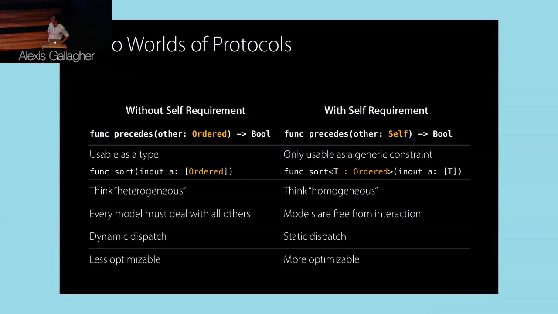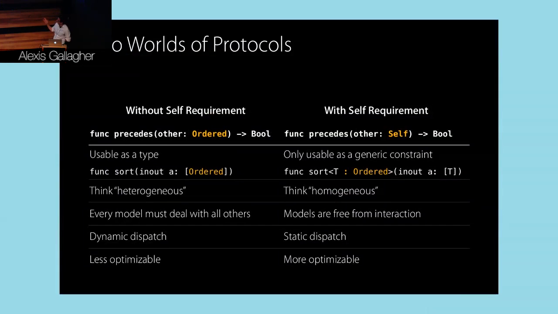So this is, I think, the key slide from Dave Abrahams' talk on protocol-oriented programming. And here he kind of lays out the two worlds. He's calling one the without Self requirement and the with Self requirement, and it's not just with Self requirement, it's with any associated type. And you can see right here the contrast, right?